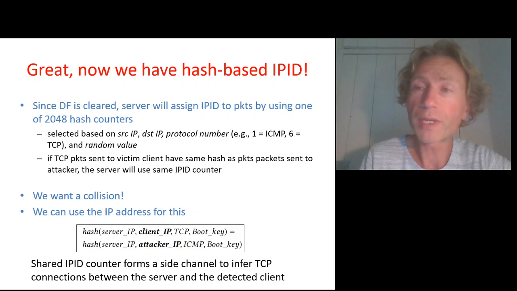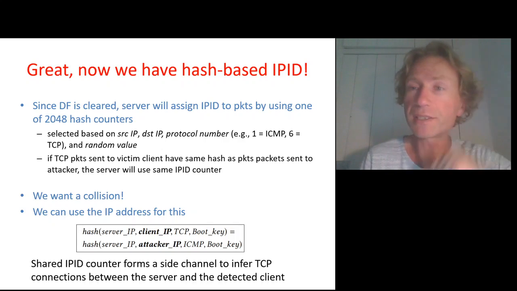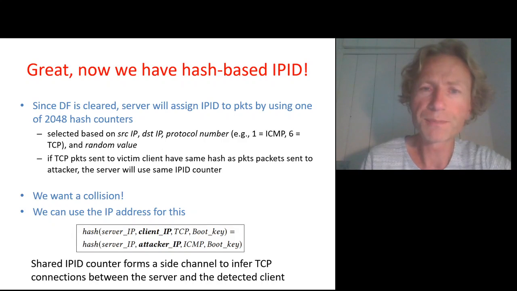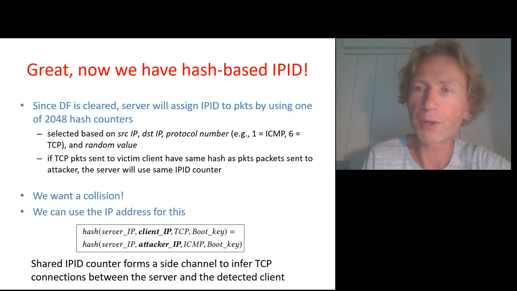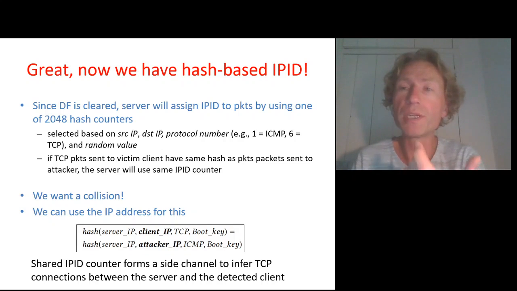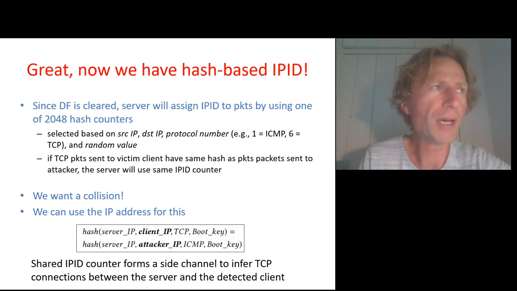But if we manage to get the TCP packets sent to the victim client to have the same hash as the packets that we send to the attacker, then we will be using the same IP ID counter, so the same bucket. And that's what we want. So we want this collision in the hash so that we have the same IP ID counter.